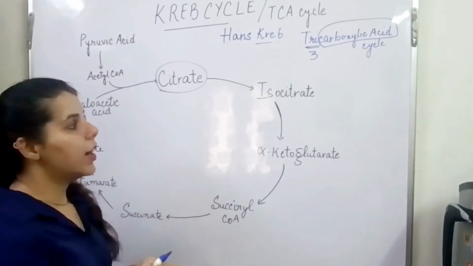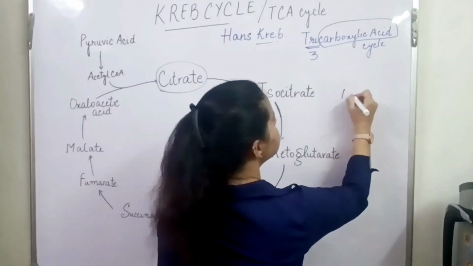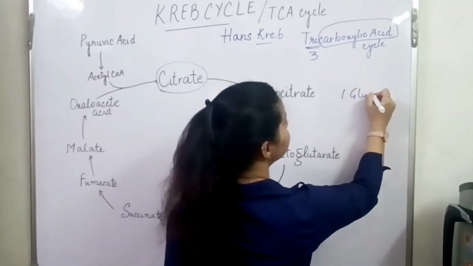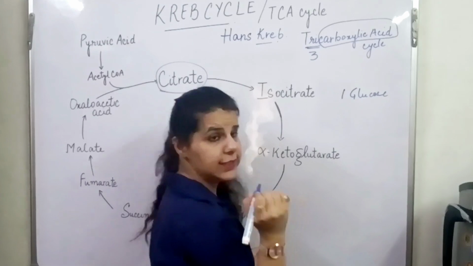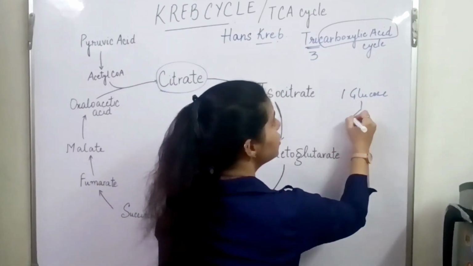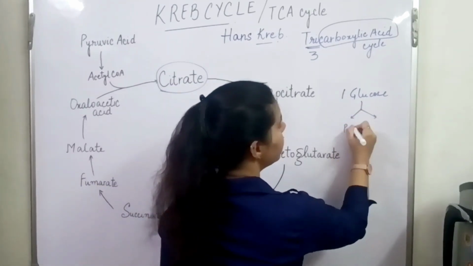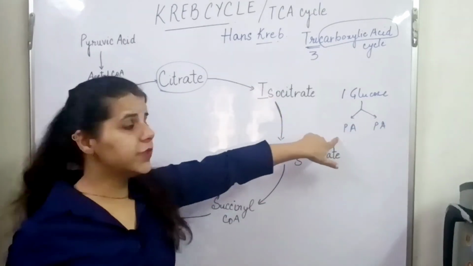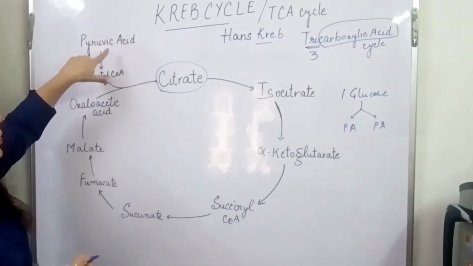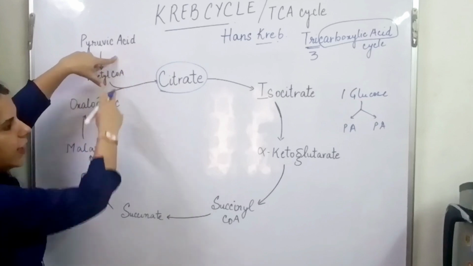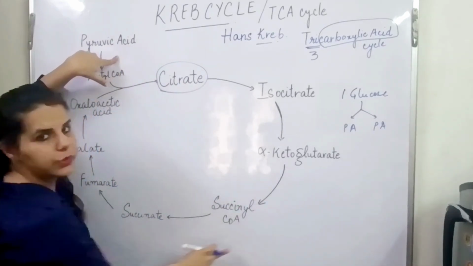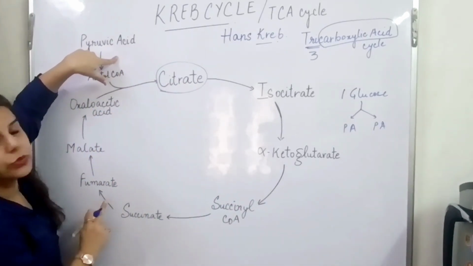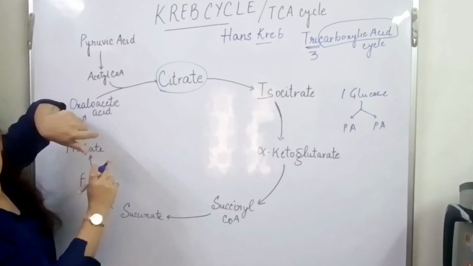Why? Because one glucose molecule in glycolysis splits into 2 pyruvic acid molecules. So one of these pyruvic acid molecules I have written over here, and from here we are going to discuss how it goes to form oxaloacetic acid.